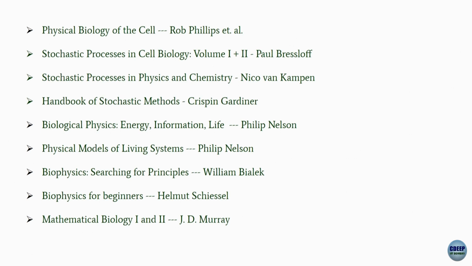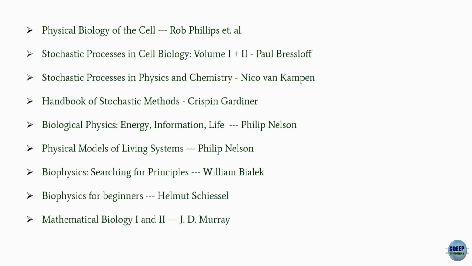It's not a textbook, but it's a good book to be reading if you're interested in this subject. Helmut Schiessel has this book, Biophysics for Beginners, and Mathematical Biology 1 and 2 is a different sort of book which deals with some specific biological systems in a lot of mathematical detail. But like I said, I might take one or two things from here and there, depending.